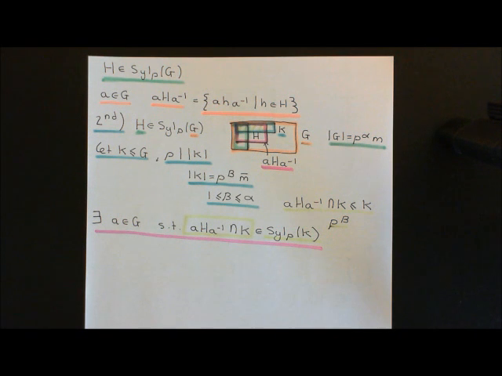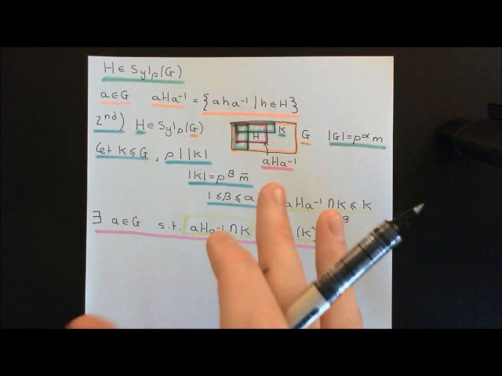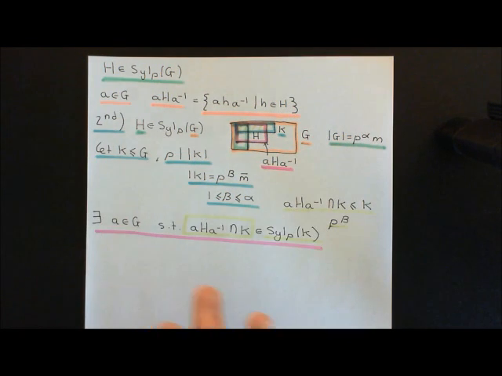I want to discuss something with you that initially you might not see how this is going to help us to prove this, but it will. It's going to be kind of like proving that P didn't divide the order of that set curly C that we had to do for the first Sylow theorem. So I'm going to do a bit of setup and then we'll go in for the kill. We'll use this setup to actually prove this second Sylow theorem.